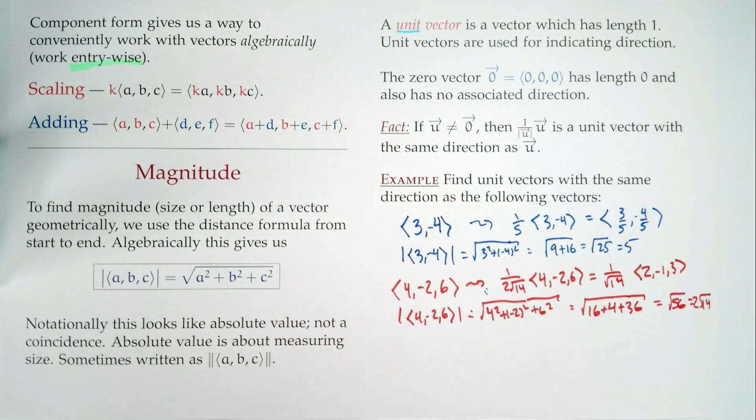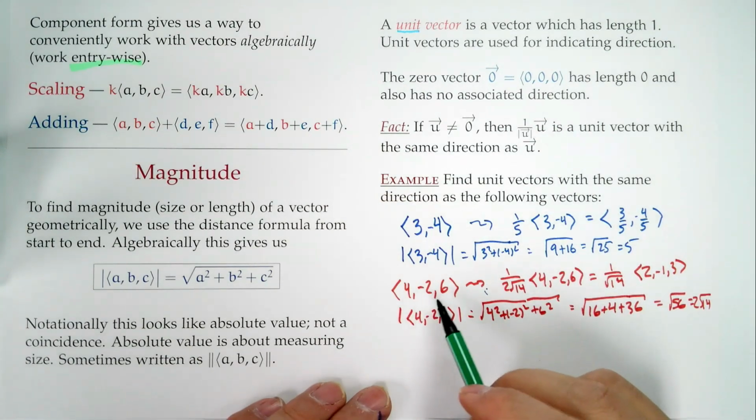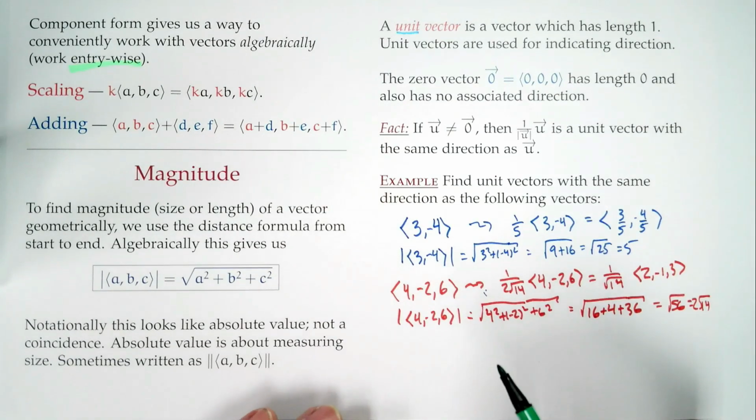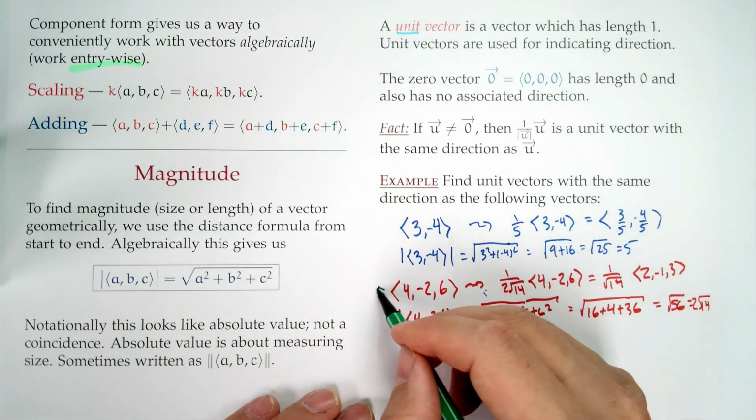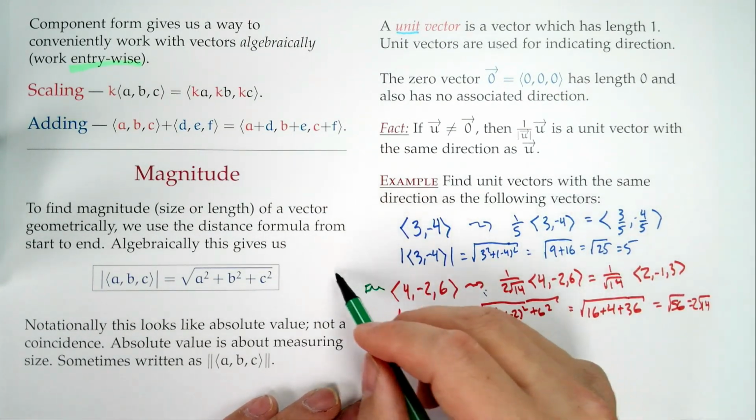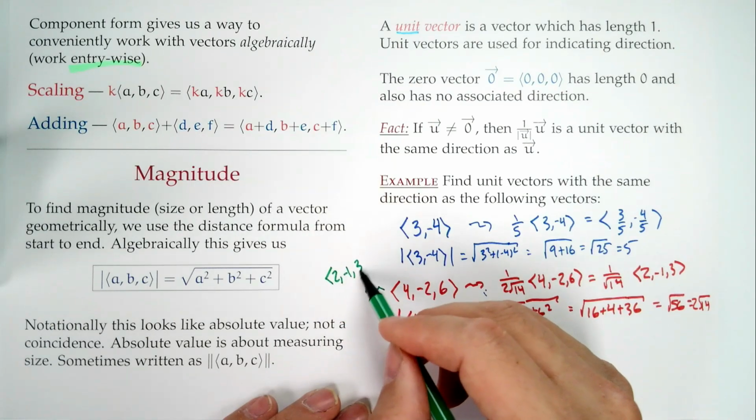Now, one of the things that we could have done at the start is we could have actually made our lives easier and said, hey, hold on a second. Before I even start this problem, I know I'm going to scale, so let me just get rid of any common factor. Because I can see that all these numbers were even, let's not work with that vector. Alternatively, let's work with the vector 2, -1, 3.